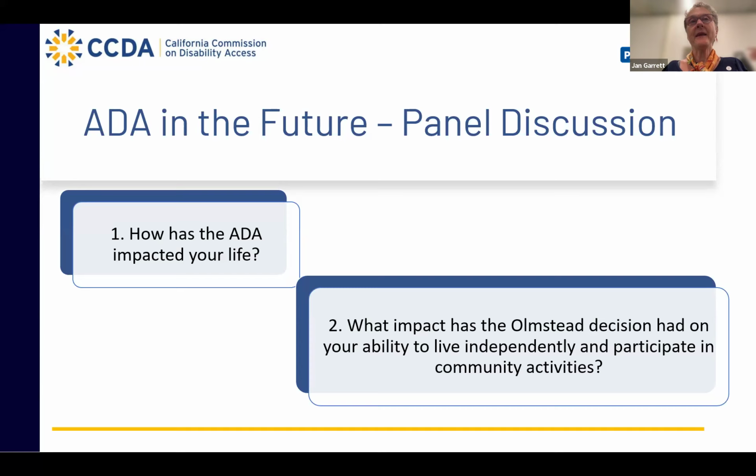And it immediately impacted my life in that my graduation site was up on a stage in a building and they did not have a lift or ramp to the stage. And they said, well, we'll just come down and put your hood on you in the audience. And I said, you know what? Graduations are so that the families can see people receive their diplomas and receive their hoods.